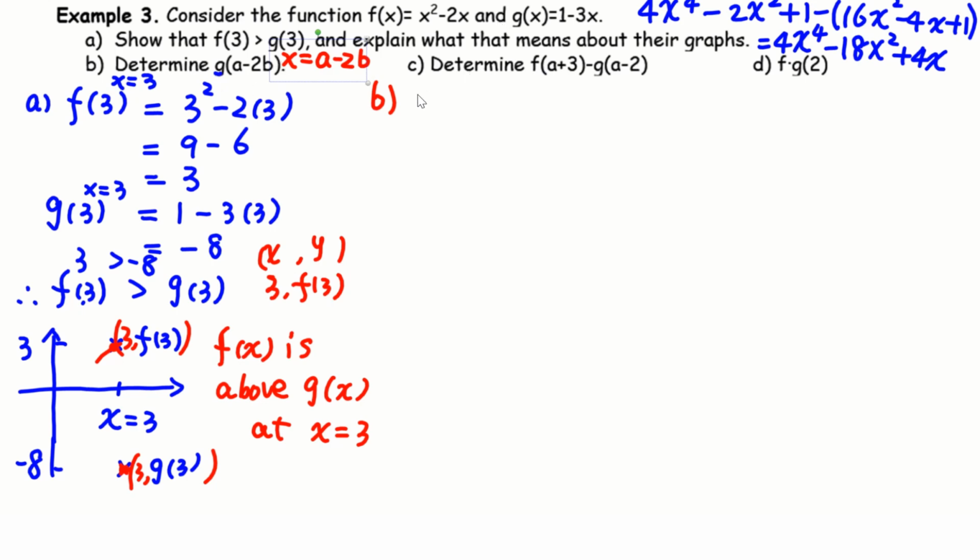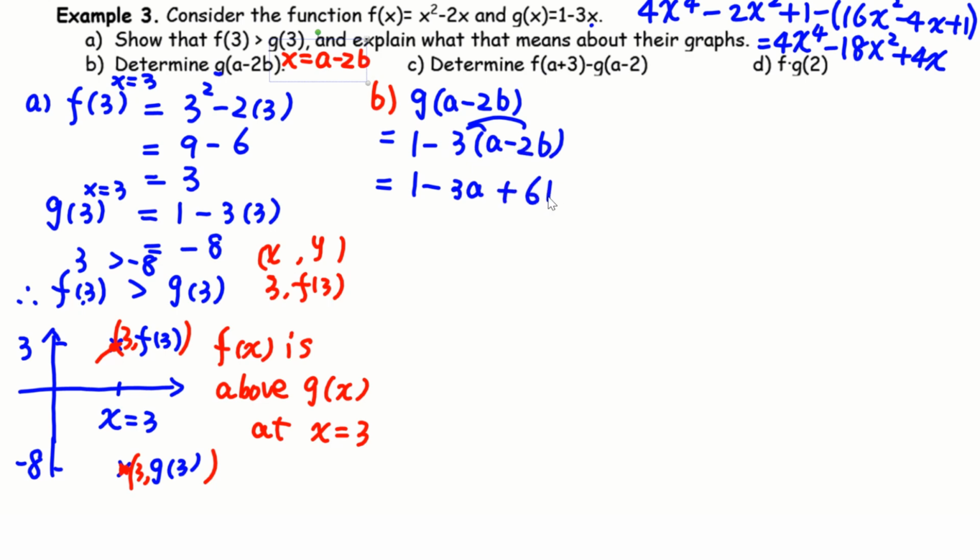So this g, we sub in the g a minus 2b to x. So it's 1 minus 3 bracket a minus 2b. Then we expand it and simplify. So 1 minus 3 times a is 3a, minus 3 times minus 2b, negative 3, negative 2 is positive 6b.